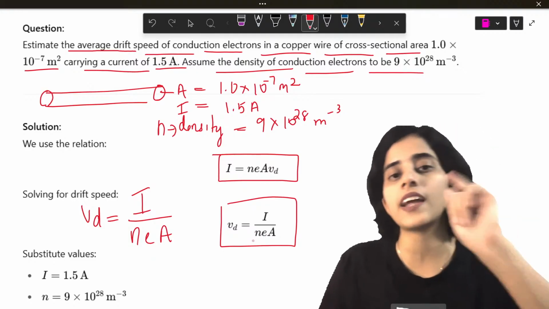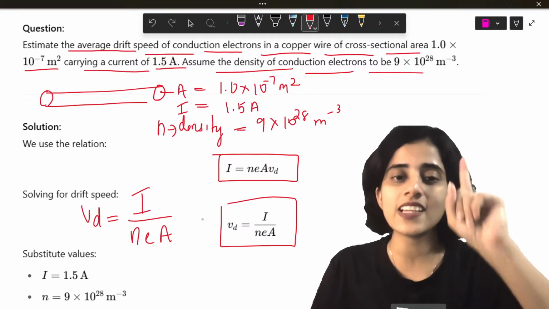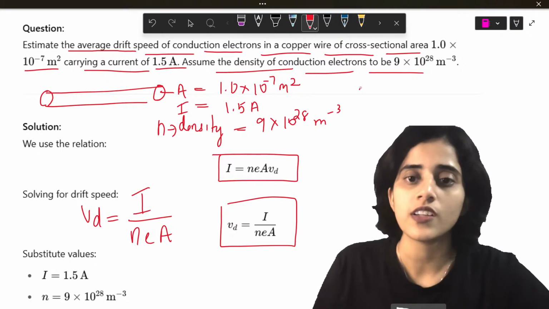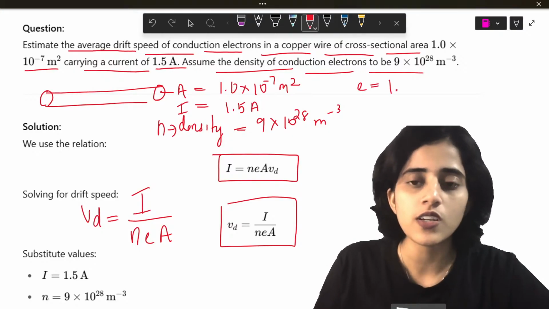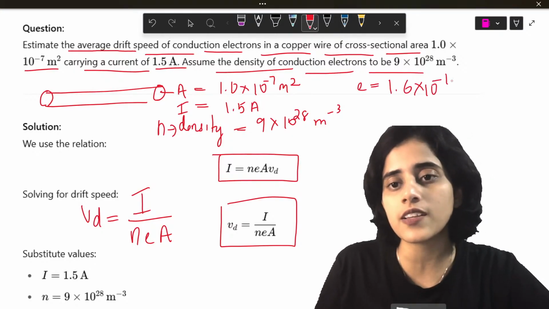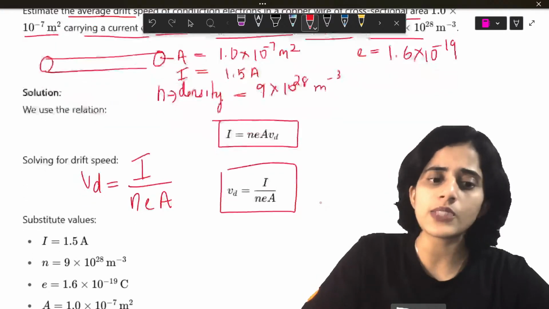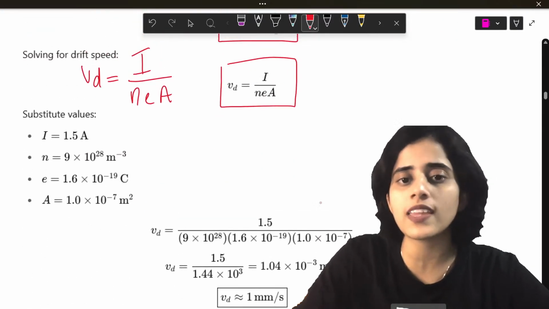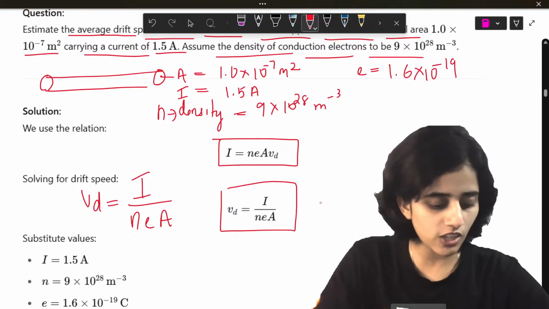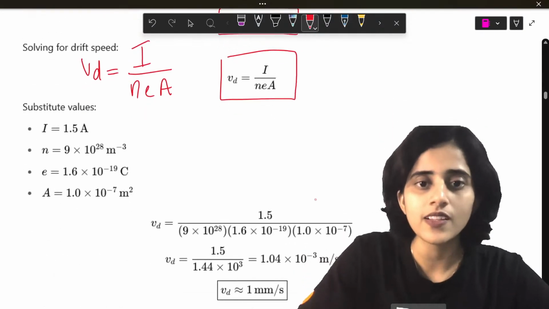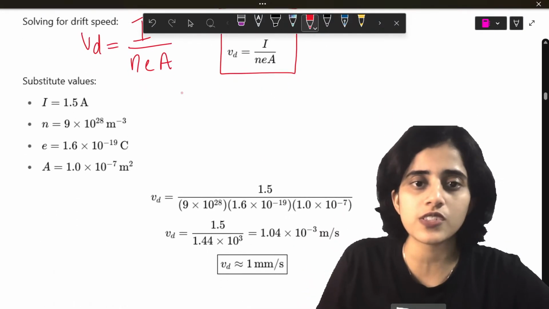What is E? That is one value you have to learn by heart. E is the charge of one electron. So E is equal to 1.6 into 10 raised to minus 19. Now substitute all of these values. You will get the answer. Quickly solve it, students. You just have to substitute all of this.